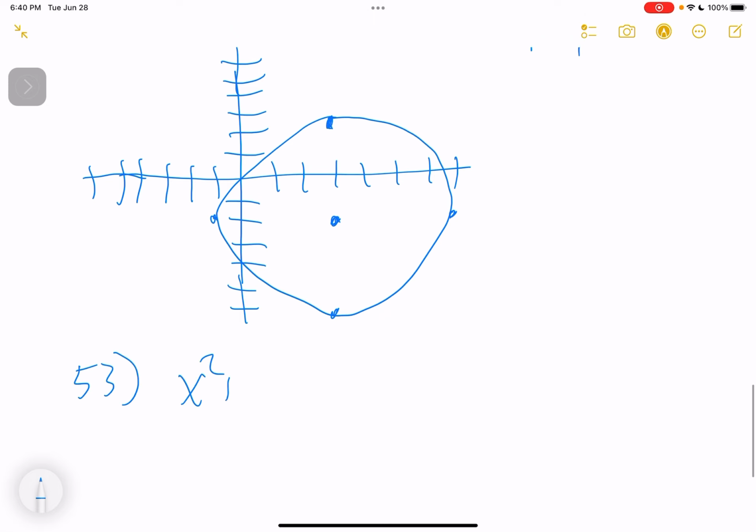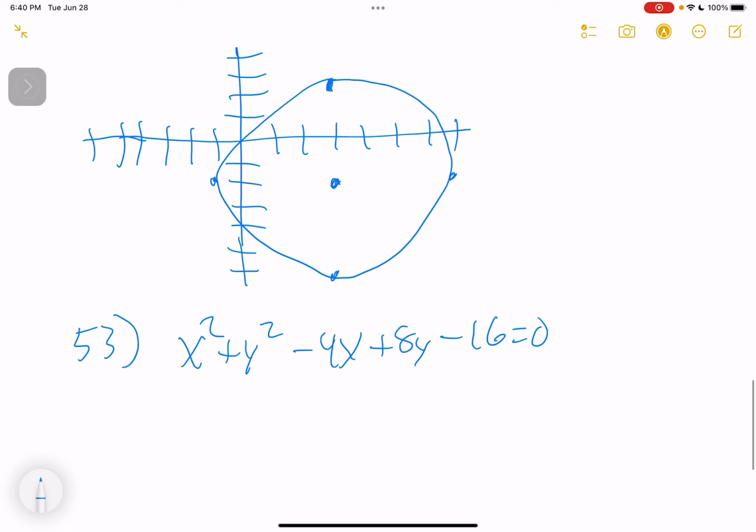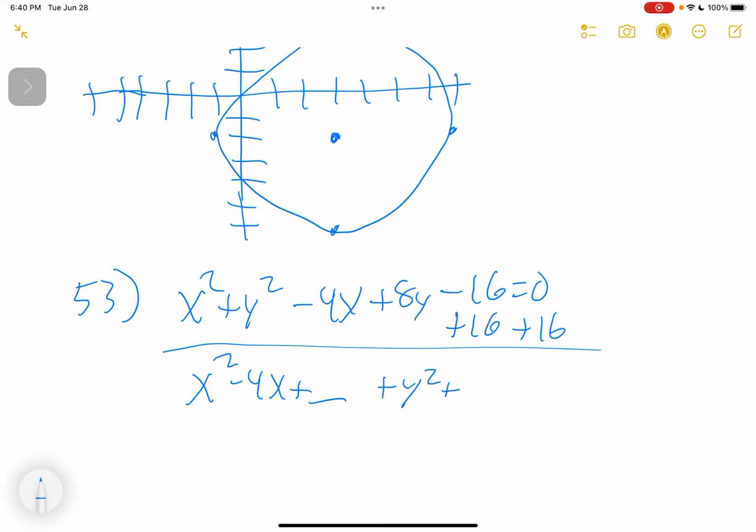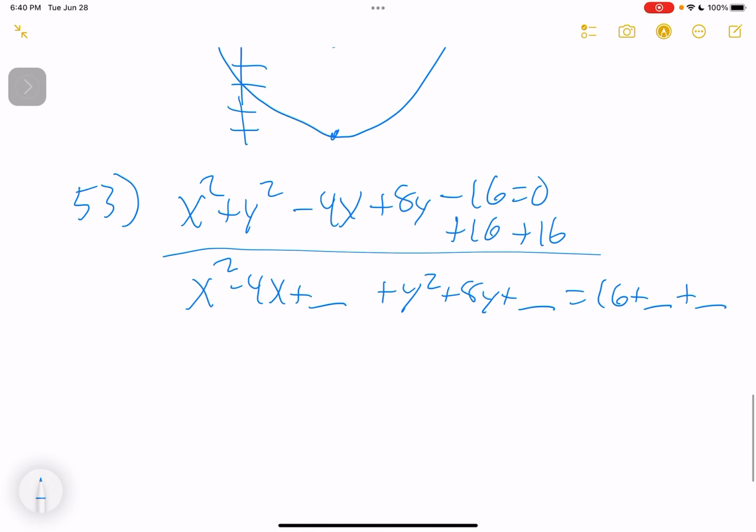is x squared plus y squared minus 4x plus 8y minus 16 equals 0. So I'll add 16 to both sides, and we'll have x squared minus 4x plus blank, any guesses what that blank's going to be, plus y squared plus 8y plus blank equals 16 plus the first blank plus the second blank. So negative 4 divided by 2 is negative 2. Negative 2 squared is 4.